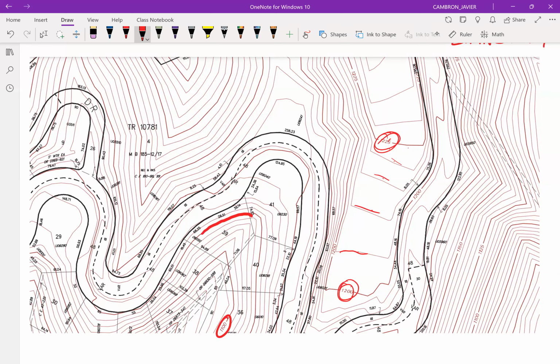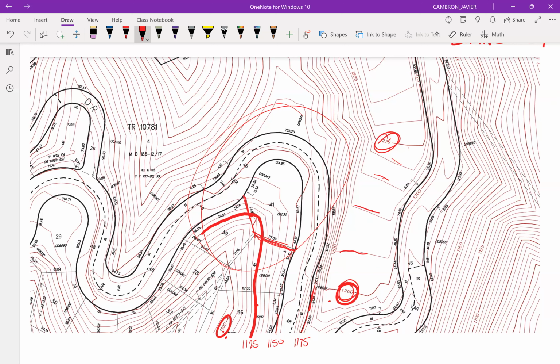That's going to be 1175. So zooming in over here, what this tells me is that, if I'm trying to look at this property right inside here, the land is a lot steeper and it's coming up, okay?